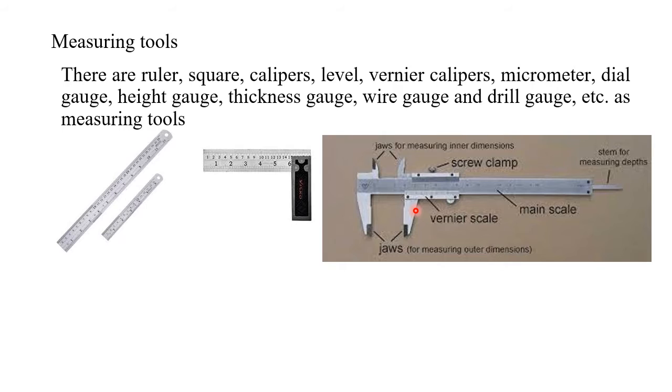And then you may need to read the small part of the millimeters. The small parts of the millimeters, you will read them here on the vernier scale. You will look for a number of the vernier which will coincide with another number of the main scale, and then you will count on the vernier.